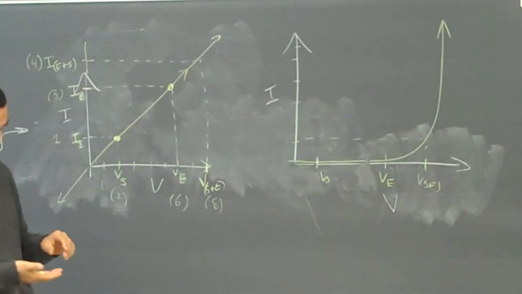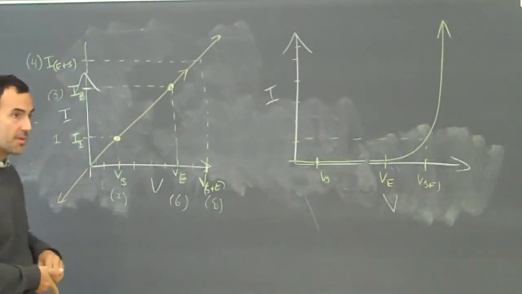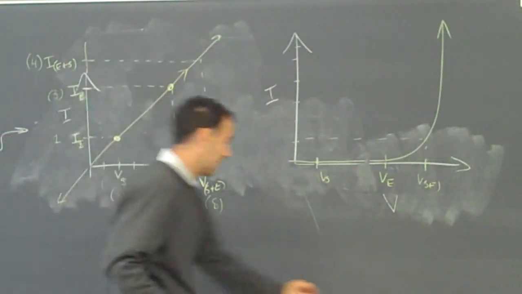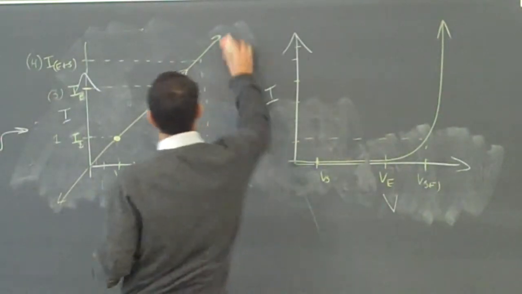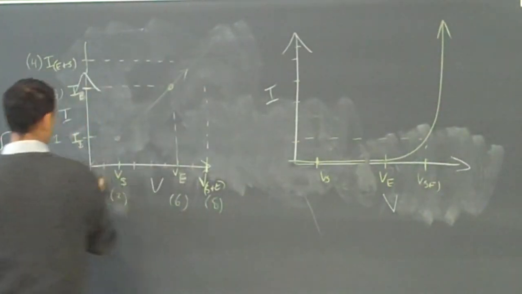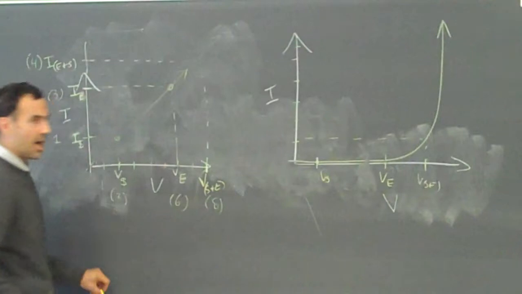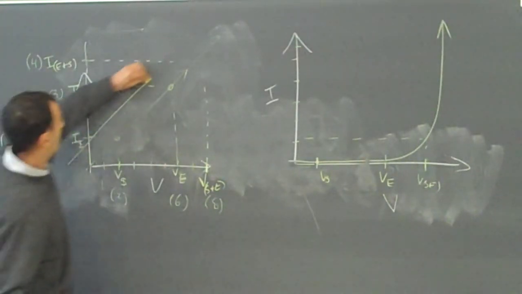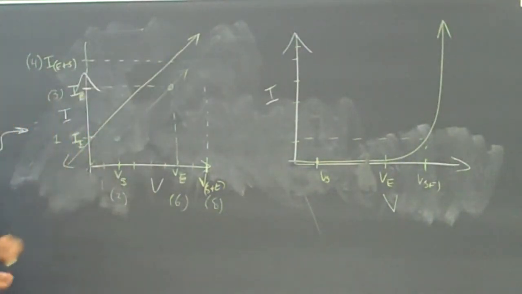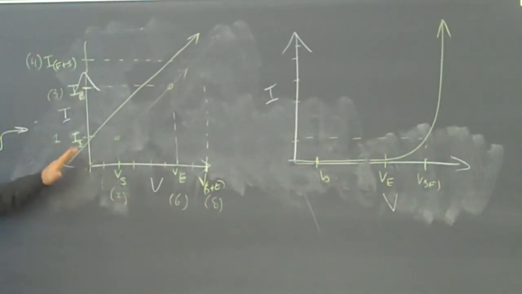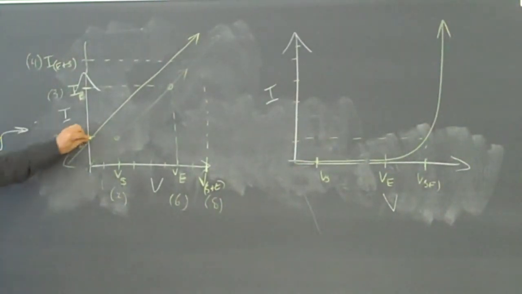Here's an example of a graph where your normal definition of what you might think of as linear does not work out. Suppose I had some funny component, some odd resistor that looked like that. Instead of a straight line starting at the origin, I have a straight line starting here.